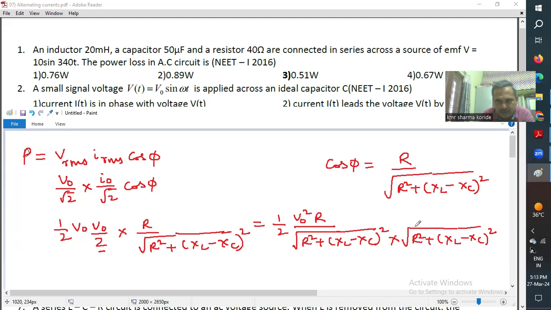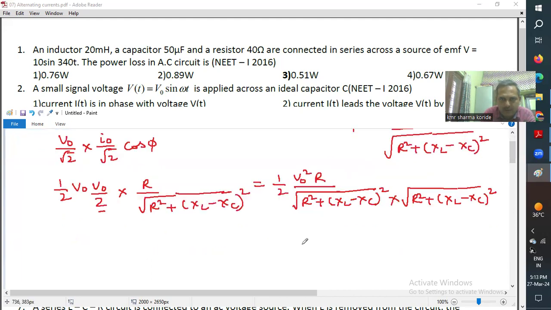Since these two quantities are same, root gets cancelled. So it is going to be 1 by 2 V naught square R by this quantity without root: R square plus XL minus XC whole square.